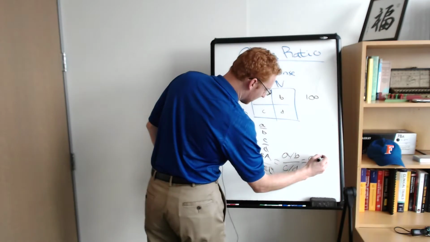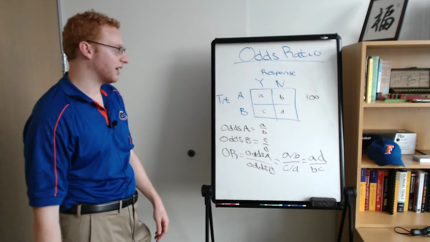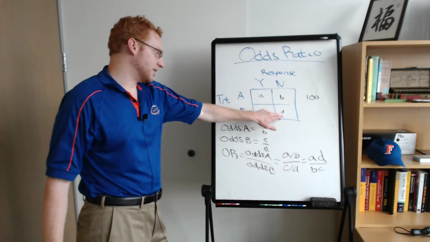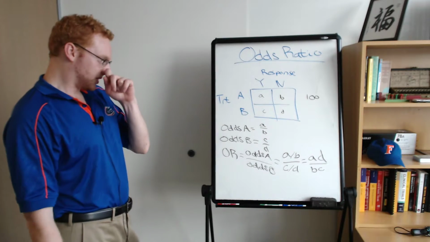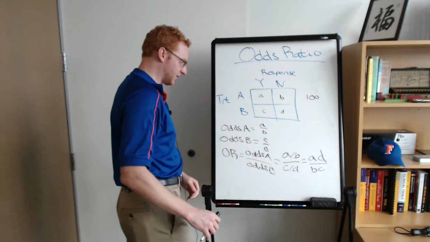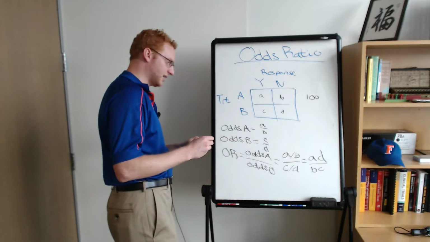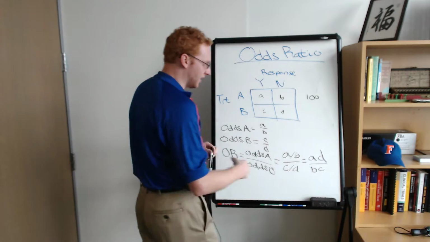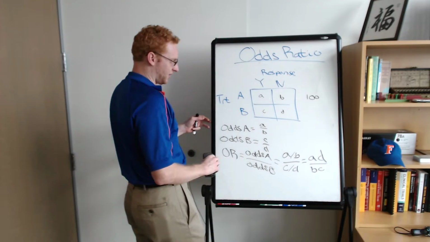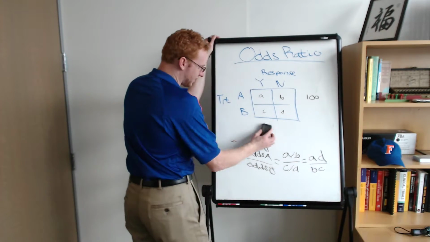It's really easy to do. In fact, this times that divided by that times that. It's also known as the cross product. It's basically a 10th grader could do it.